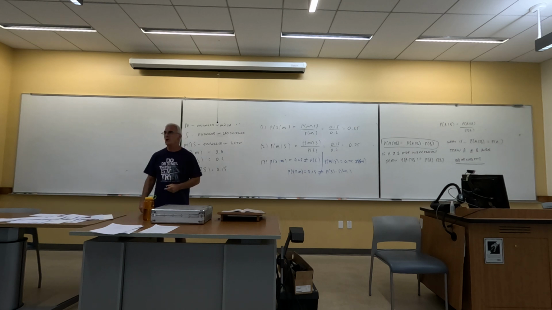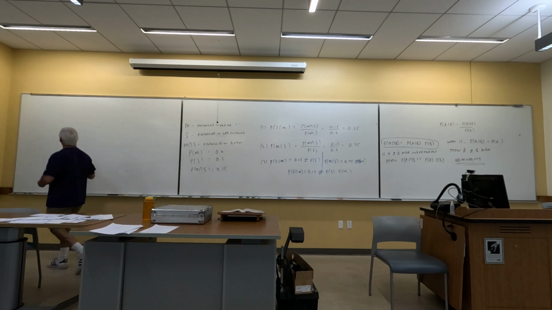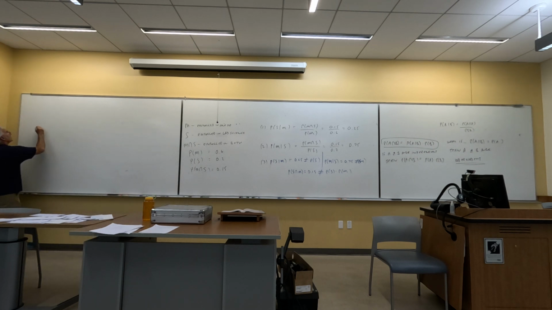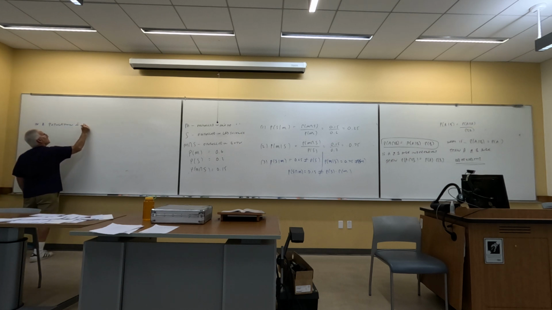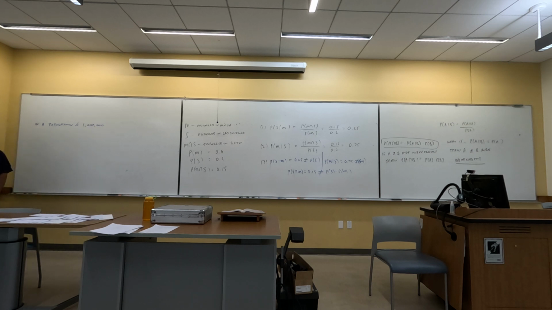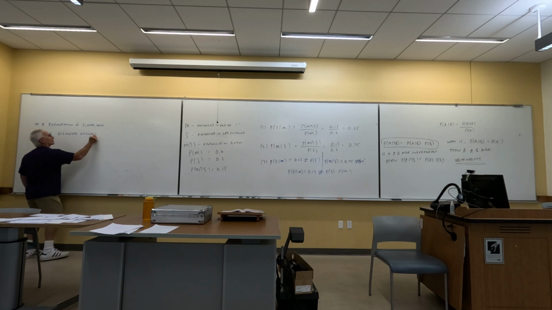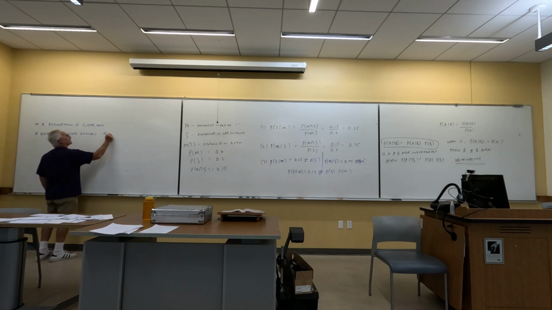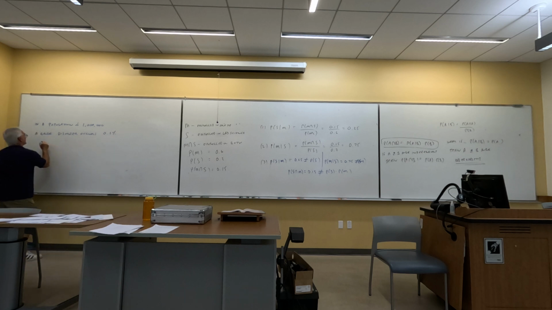Blood samples. Okay, so let's say, I'm going to give you numbers to make it easier. In a population of 1 million people, exactly 1 million people, just because we want to keep it really simple, a rare disorder occurs 0.1% of the time.